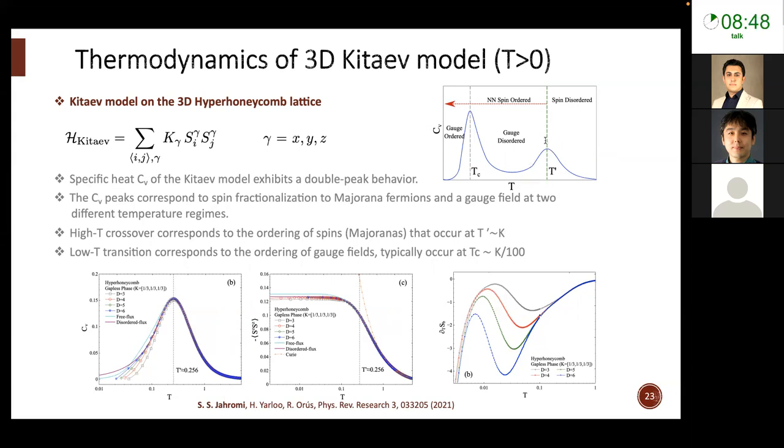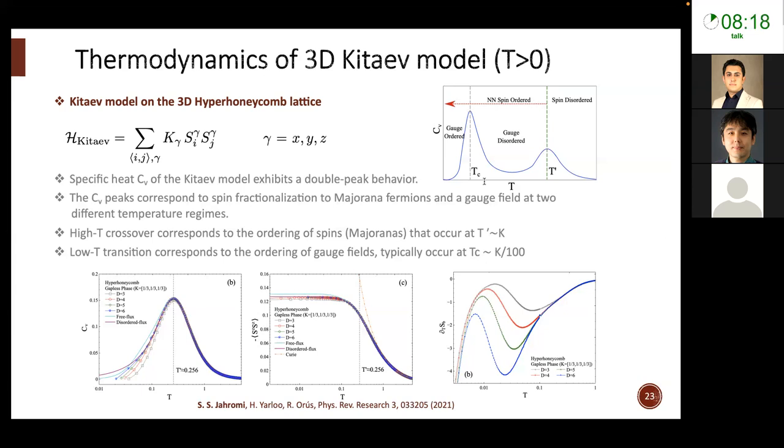This peak accounts for the ordering of spins, which is also equivalent to the kinetic energy of Majorana fermions. It means that the spin degrees of freedom at this first level are fractionalized into both fermionic degrees of freedom and also gauge structure. However, the temperature is still too high for a full gauge ordering phase. In this region, the Majorana fermions or the spins are ordered.